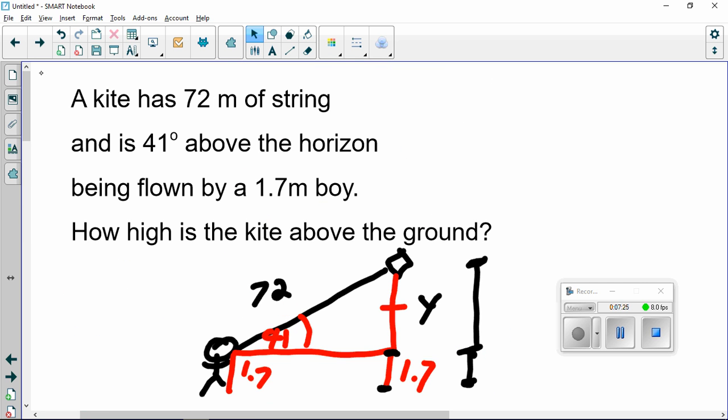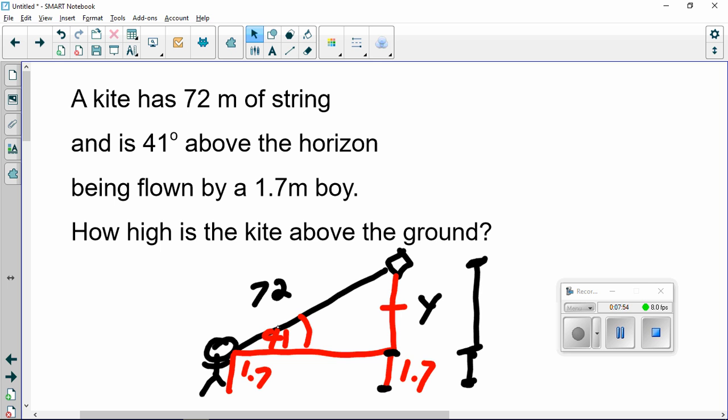So to recap here, we were given a word problem where we were given a length of string of 72 meters at an angle 41 above the horizon. So I drew that into the diagram here. And it's being flown by a boy that's 1.7 meters tall. So we've got to express in the diagram that that triangle sits 1.7 meters above the ground. We're then looking for the height of the kite above the ground.